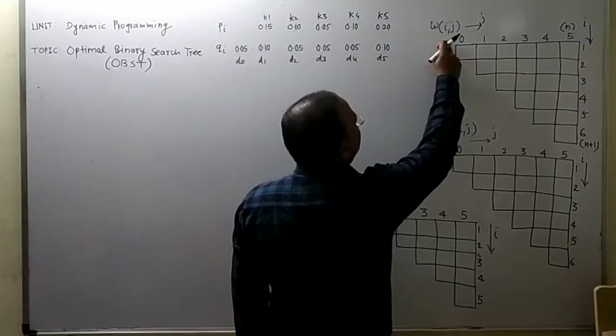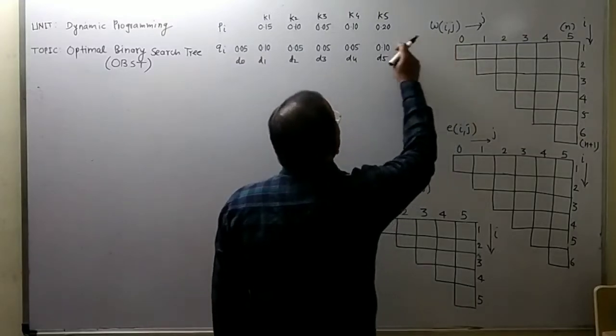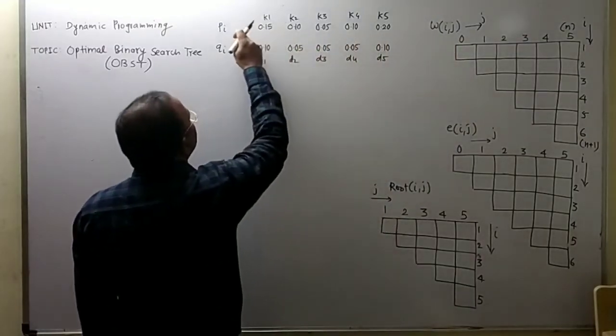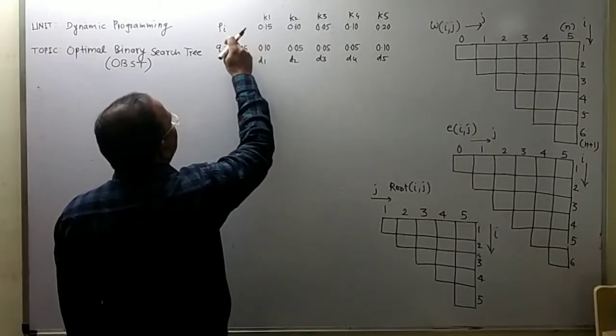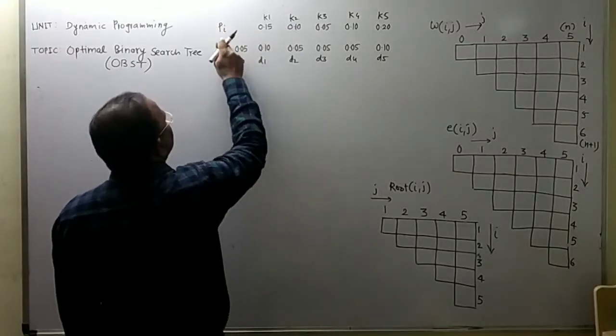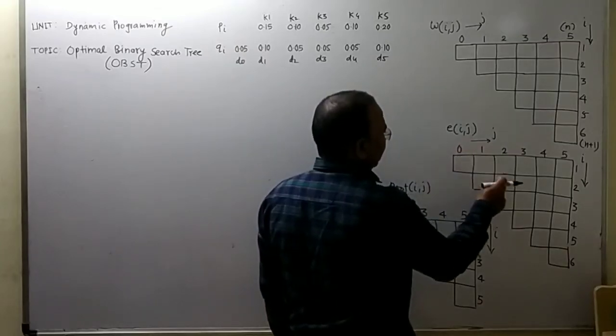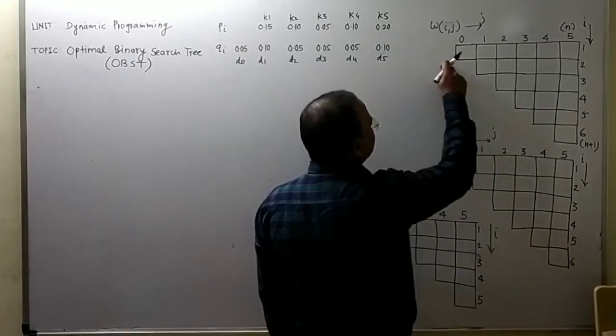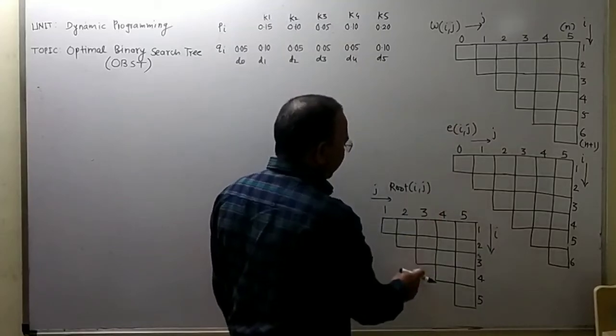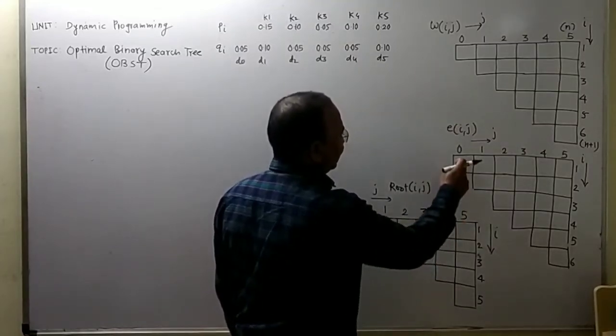Here W table is constructed taking the reference of the input data, that is probability of actual keys and the dummy keys. E table is developed using W table and root table is developed from E table.